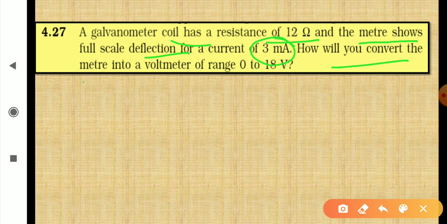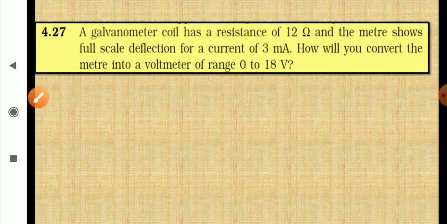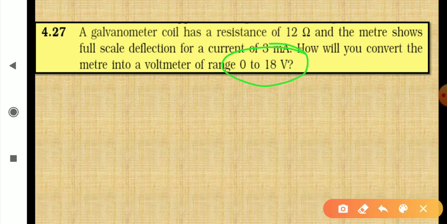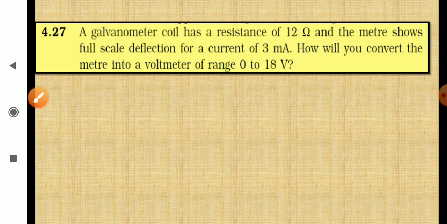How will you convert the meter into voltmeter of range 0 to 18 volt? So that means हमारा ये जो वोल्टमीटर है उसकी रेंज 18 वोल्ट तक की होगी और गैल्वेनोमीटर की जो मैक्सिमम पॉसिबल करंट that can pass through galvanometer is 3 milliampere.